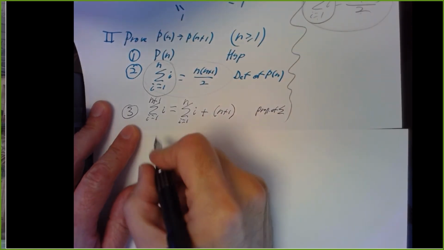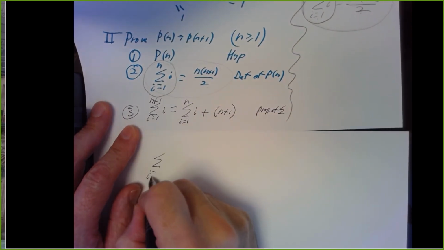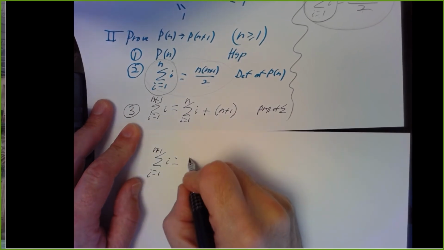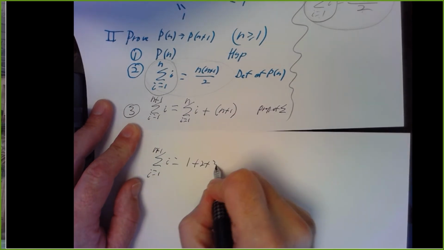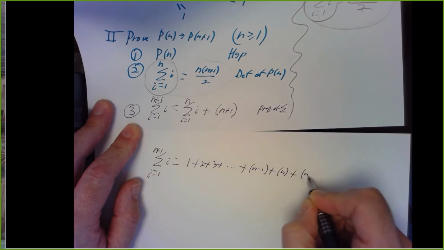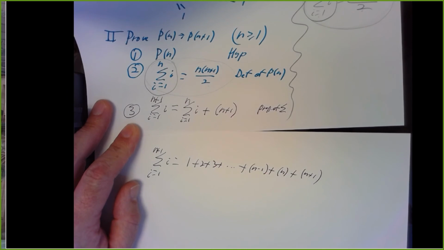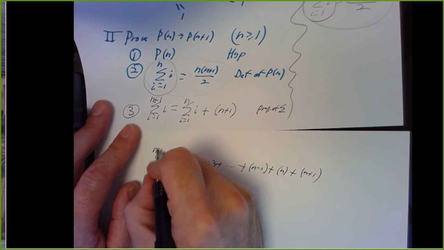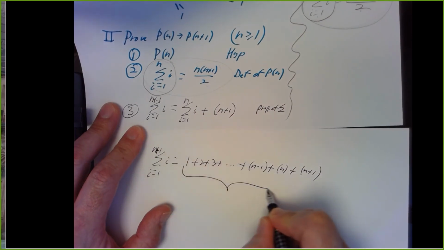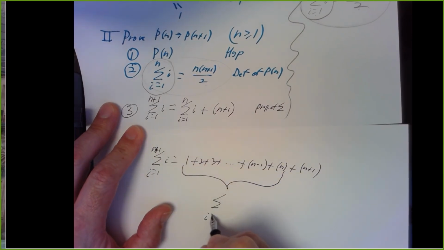Because what is this thing? The sum from 1 to n plus 1 is 1 plus 2 plus 3 plus n minus 1 plus n plus n plus 1. Okay, that's what we mean by the sum from i equals 1 to n plus 1. Well, this thing, this is just the sum from i equals 1 to n.